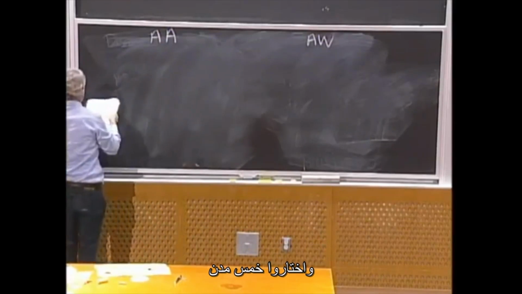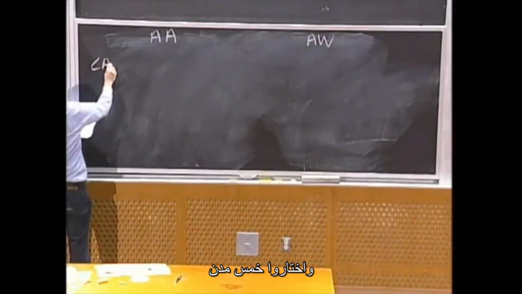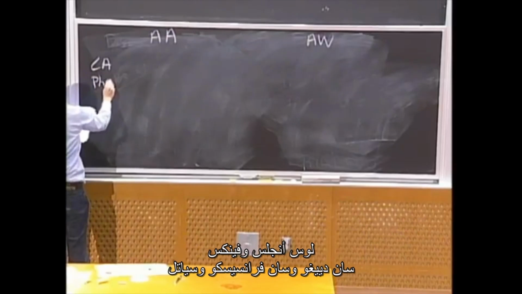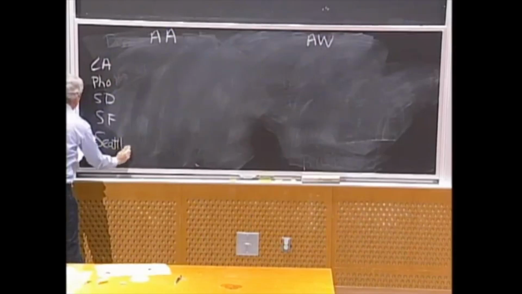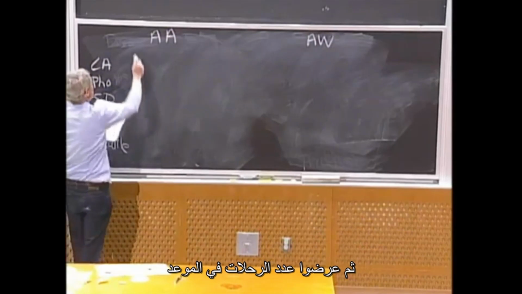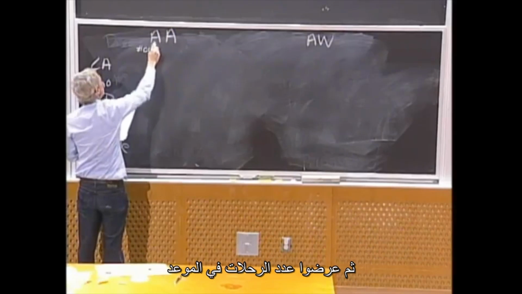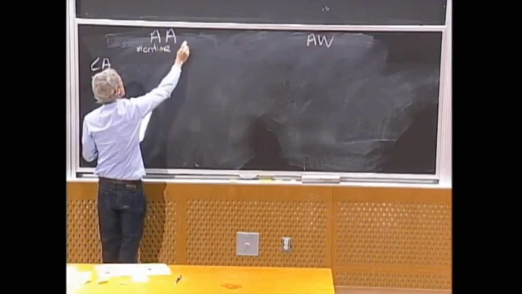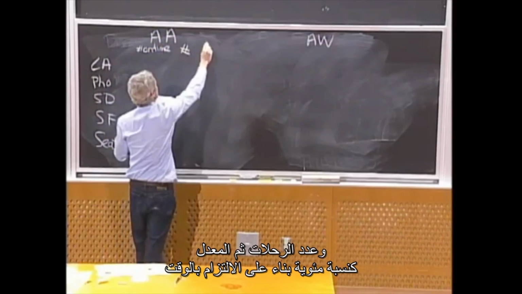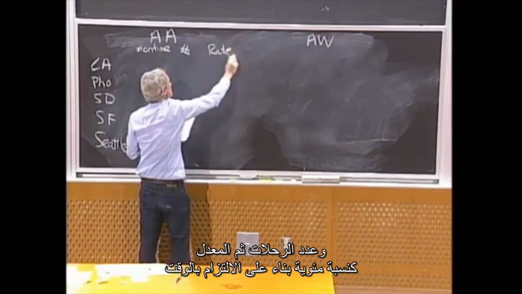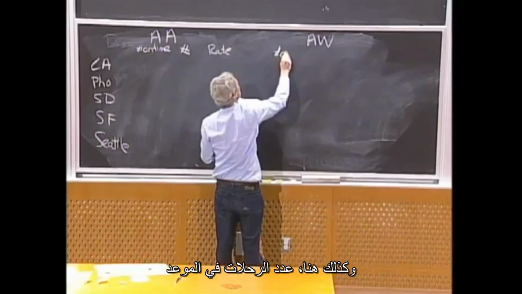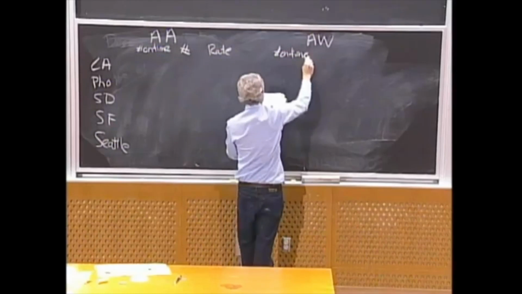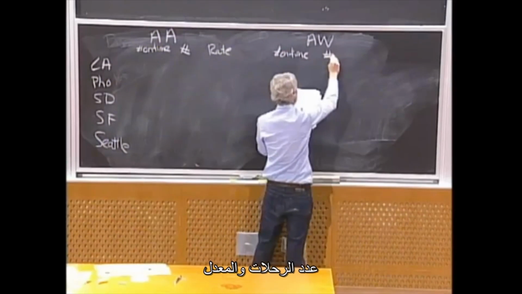And they took 5 cities: LA, Phoenix, San Diego, San Francisco, and Seattle. And then you looked at the number on time, the number of flights, and the rate, percentage on time.